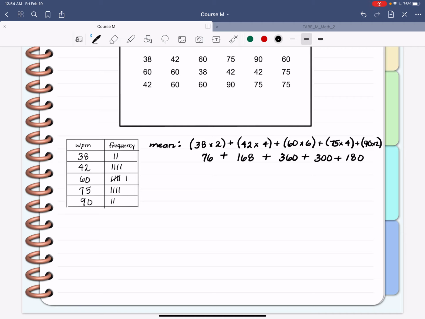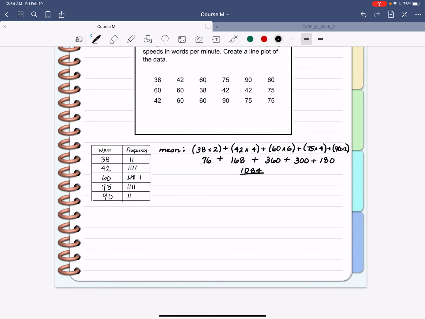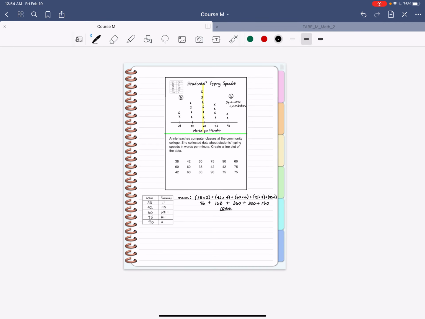And then I'll add all of those. So I have a 76 plus a 168 plus a 360 plus a 300 plus a 180 equals 1,084. And then I'm going to divide that by how many people. I didn't write it down, did I?